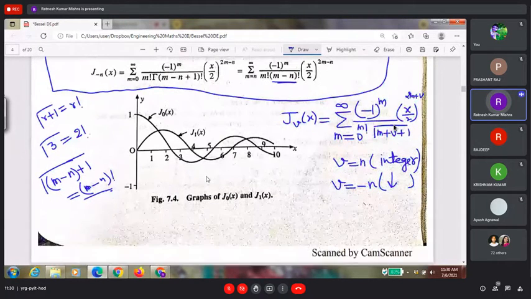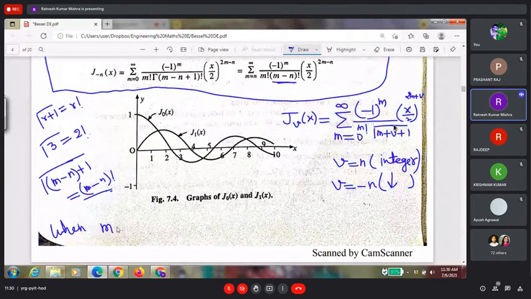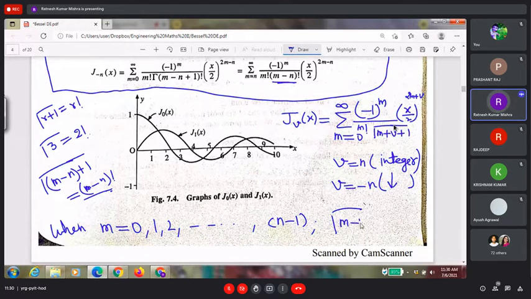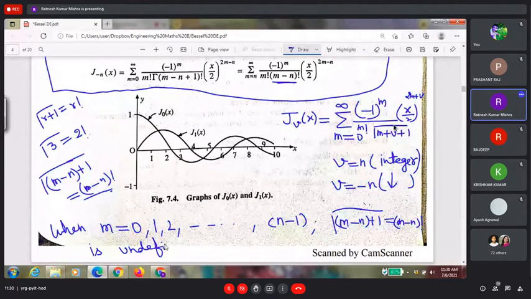So what happens when m equals 0, 1, 2, dot dot dot, up to n minus 1? Gamma m minus n plus 1 equal to m minus n factorial is undefined, infinite, whatever.